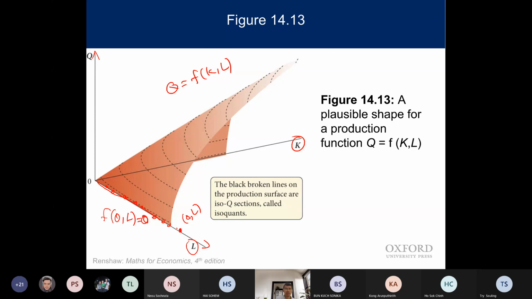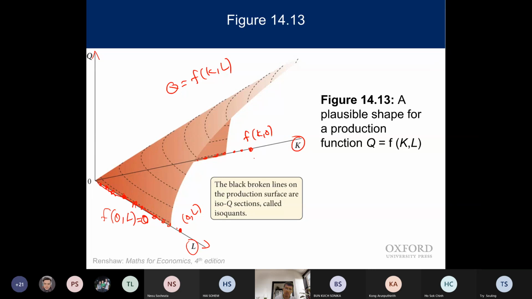So that's why the surface just stays right on the L axis, and likewise the surface also stays right on the K axis, because this particular point is F of K, 0, right?